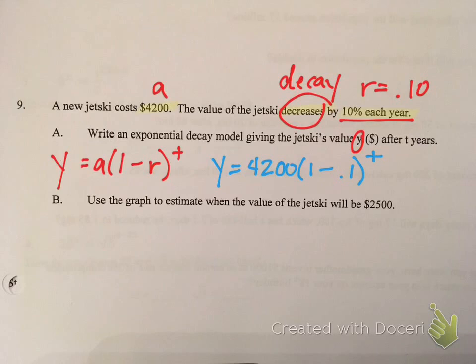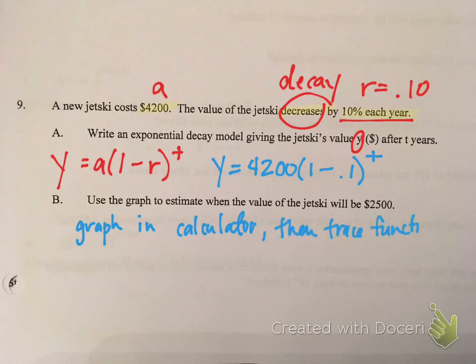Then it says use the graph to estimate when the value of the jet ski will be $2,500. So my suggestion would be to graph in calculator, then trace the function when Y equals 2,500.